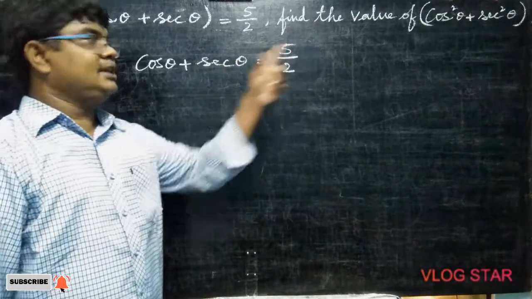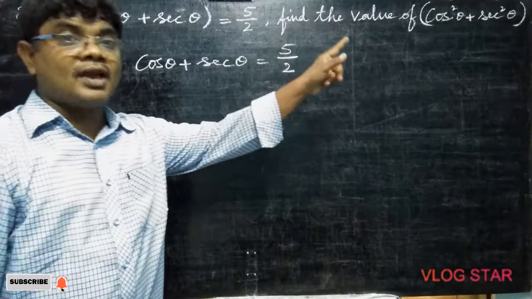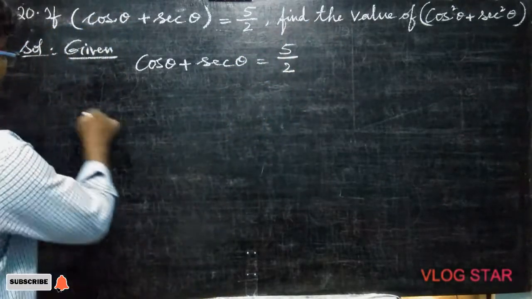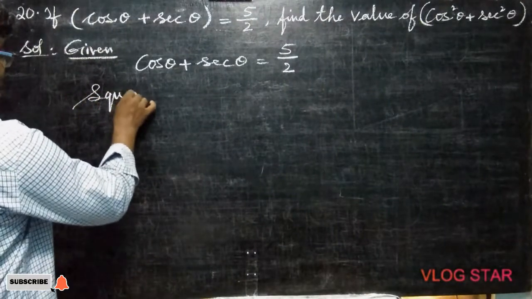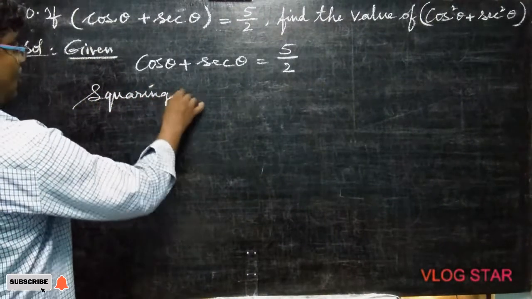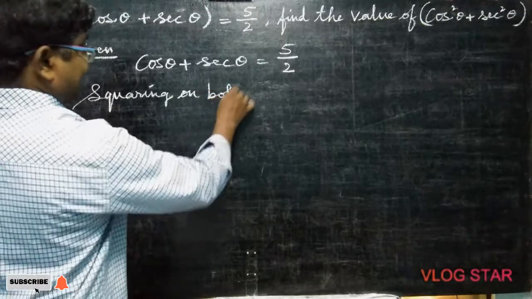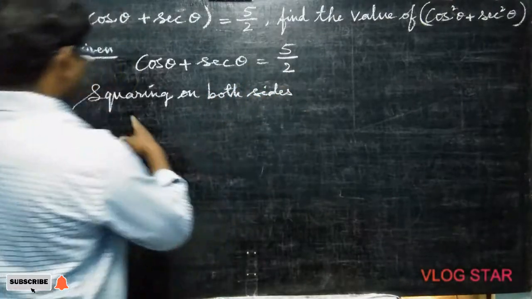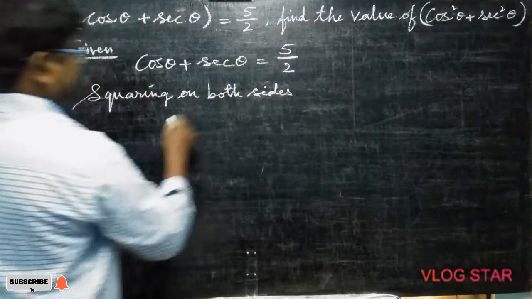So square you are seeing. Here cos is there, there cos square you are seeing. Here secant is there, there secant square. So squaring on both sides. After hearing, if you are not able to do, squaring on both sides.